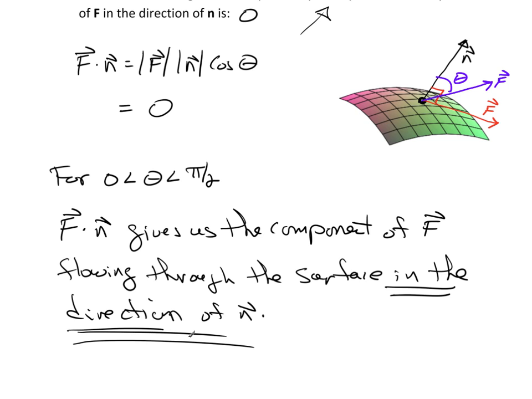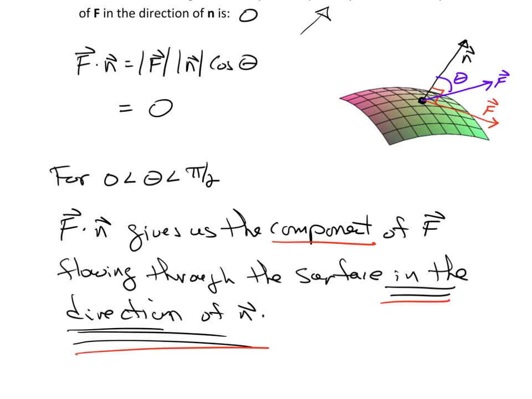That's really important. We're talking about in the direction of n. You could argue that all of F will flow through the surface, because the surface doesn't stop it. It's a barrier with no mass to it. But what I'm interested in is the component in the direction of n.